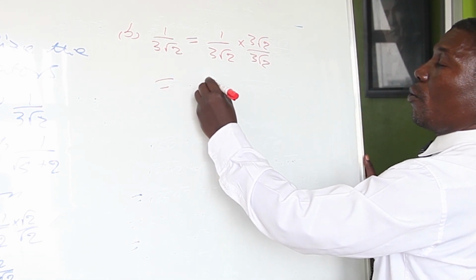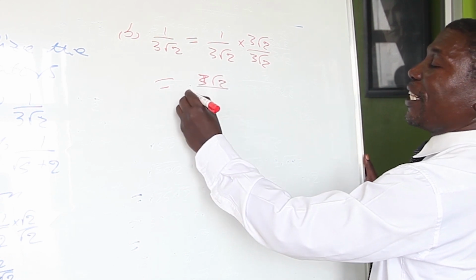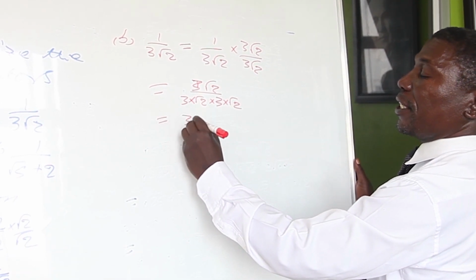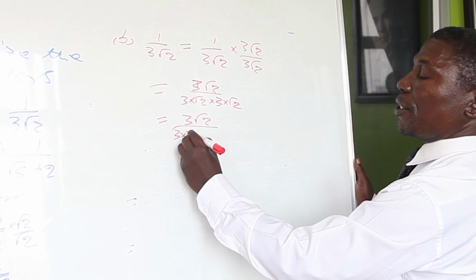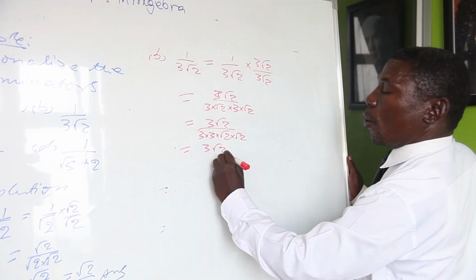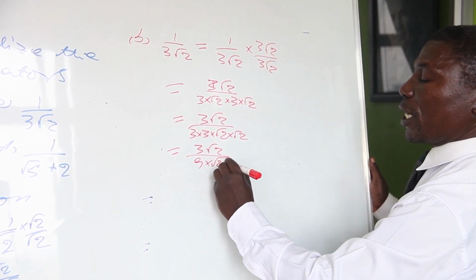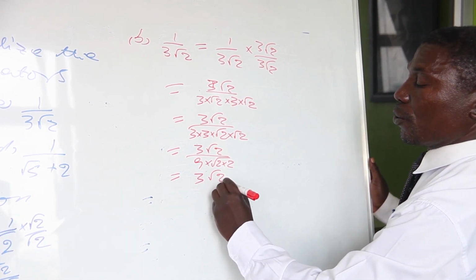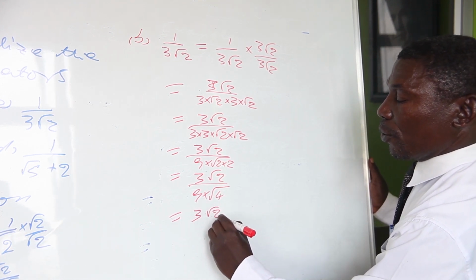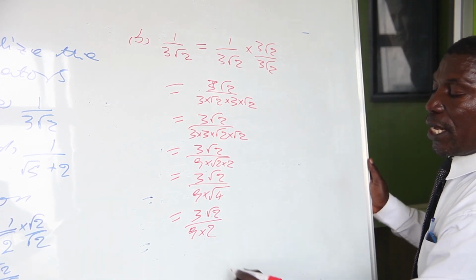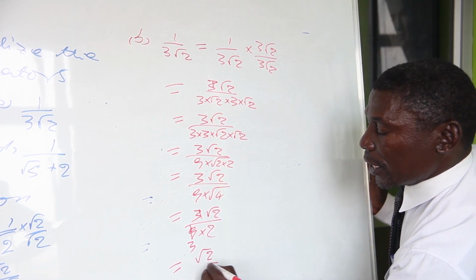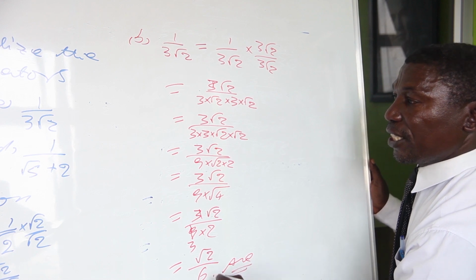This becomes root 2 over 3 times root 2 times root 2, which is root 2 over 3 times 2, that is root 2 over 6. That is the answer to that.